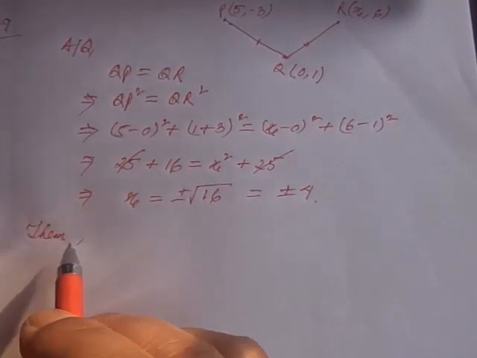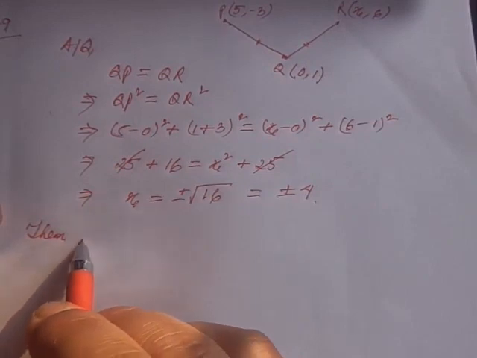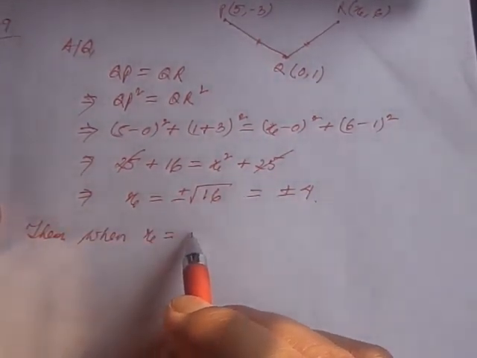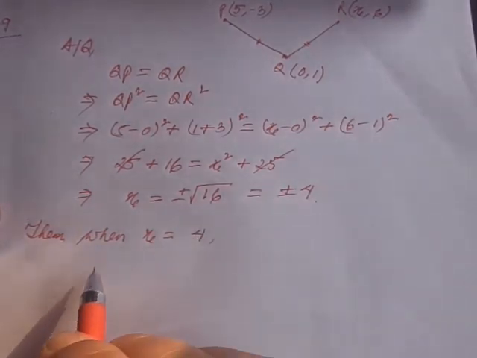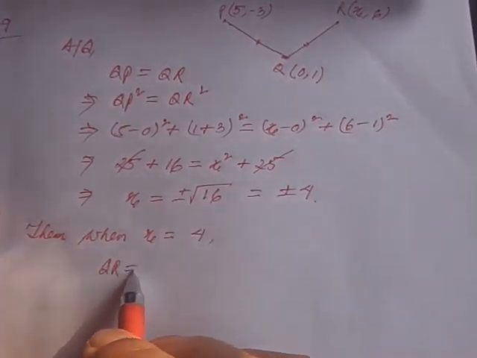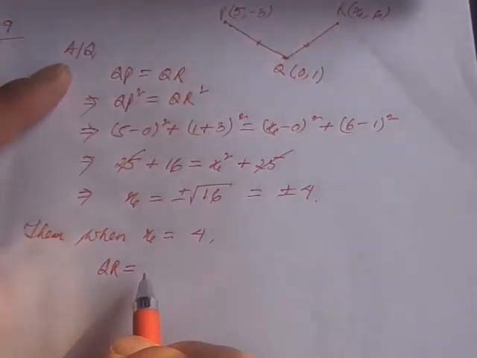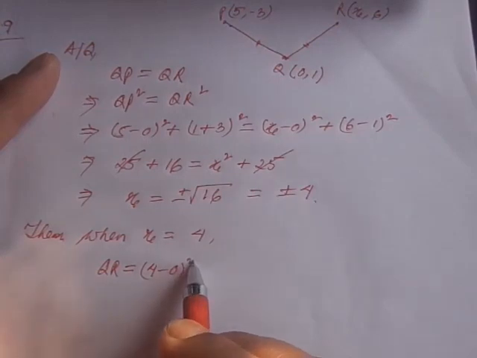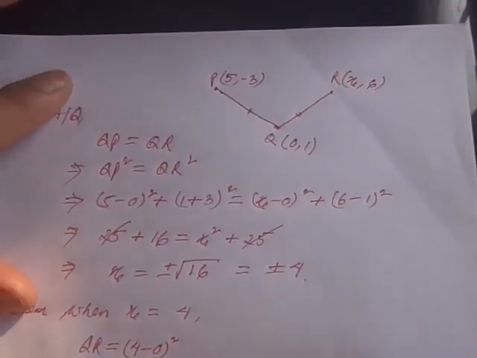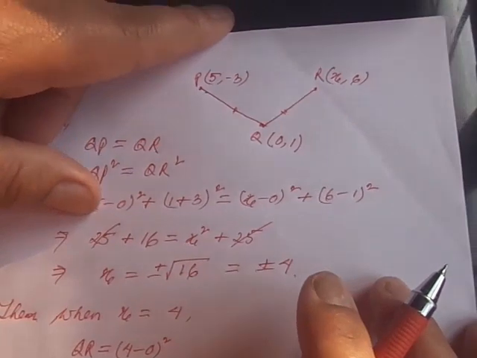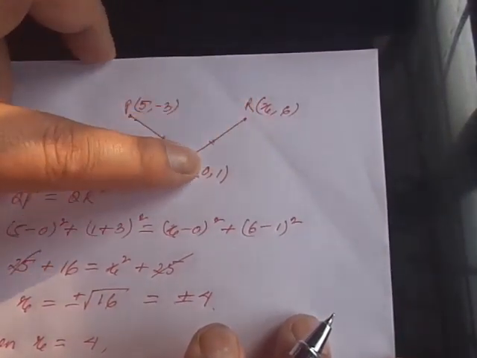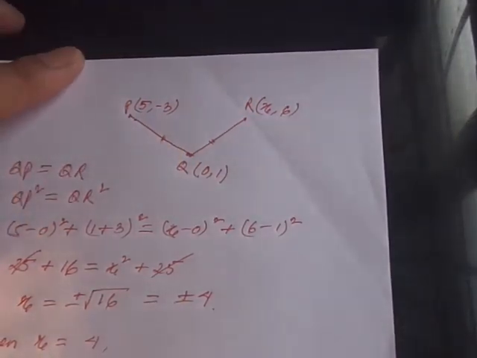Let's find out when x equals 4. When x is 4, QR equals, so that means this x is 4, so 4 minus 0 whole square plus 6 minus 1 whole square.